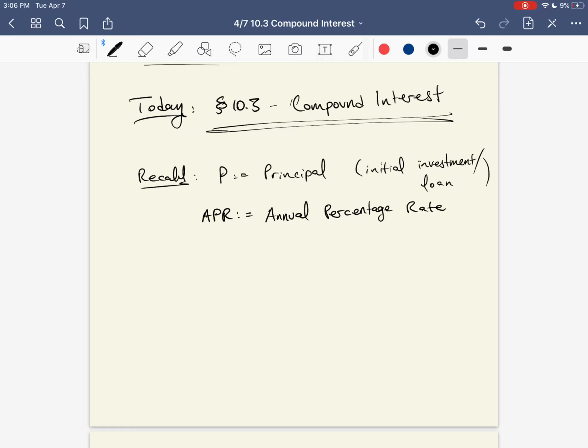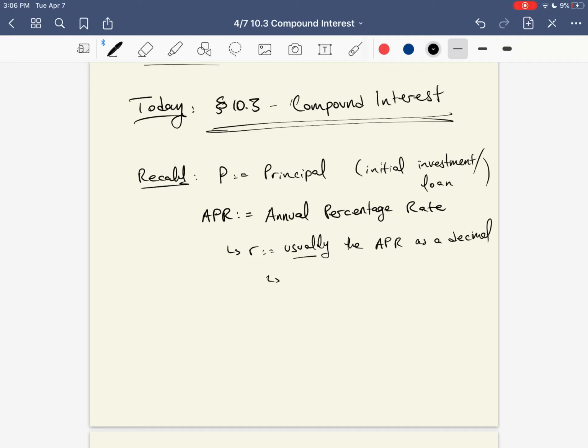And so remember, we had R, which was, in the simple interest case, your annual percentage rate expressed as a decimal. So R, which is usually the APR as a decimal.